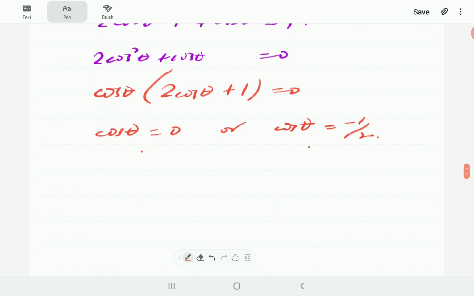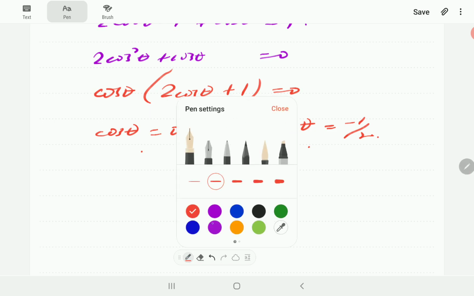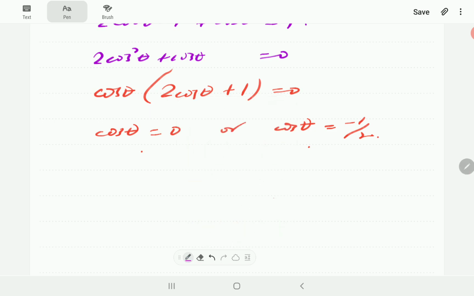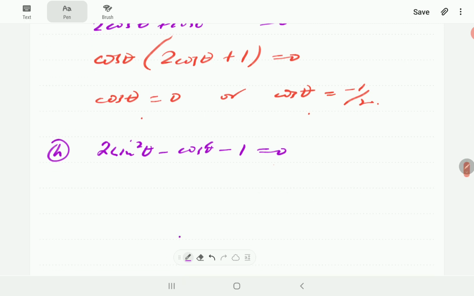Okay, then, so the row GH has, so H has 2 sine squared theta minus cosine theta minus 1 is equal to 0. So here we have a sine and a cosine. So what we're going to do is write the sine squared in terms of cosine using the fact that sine squared theta plus cosine squared theta is 1.